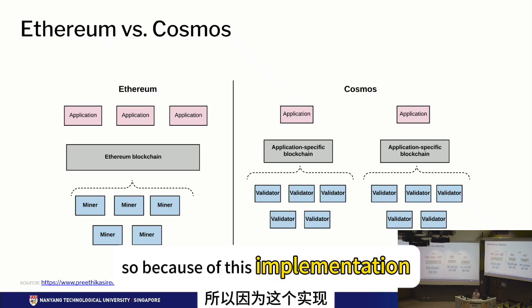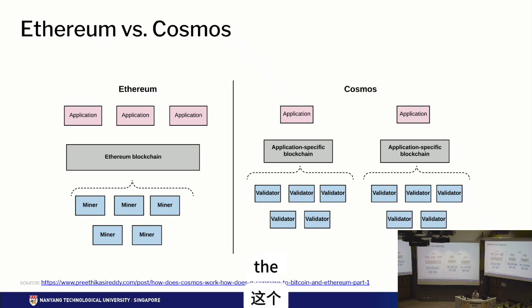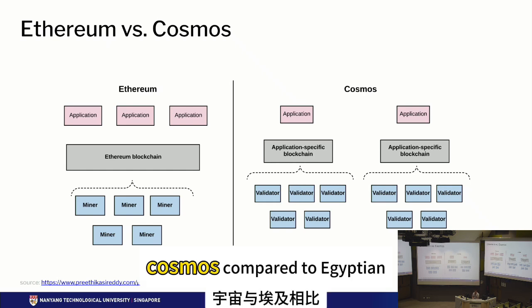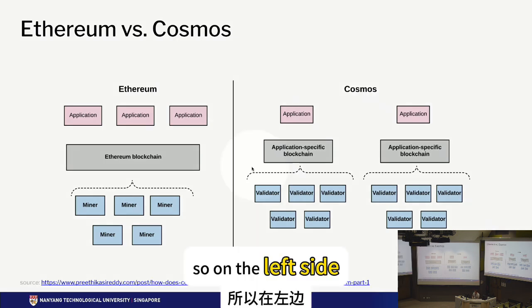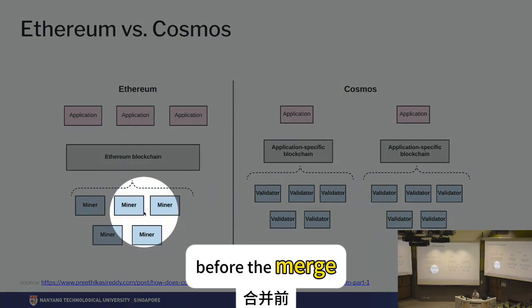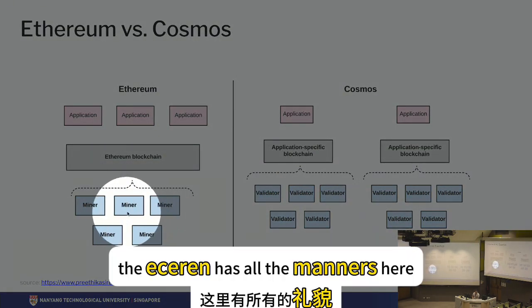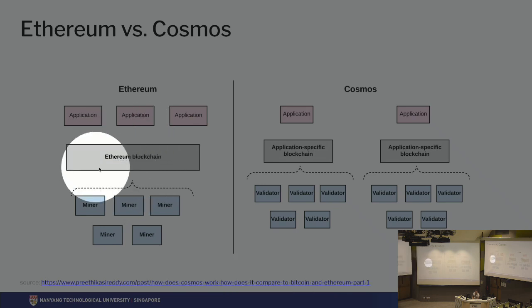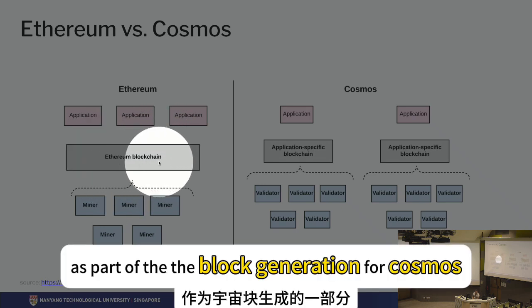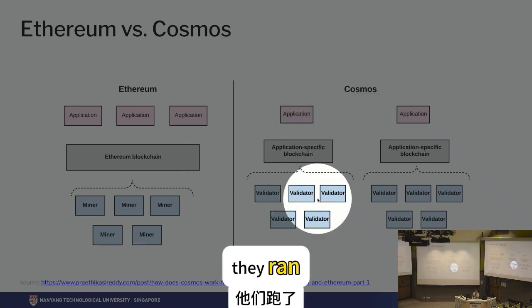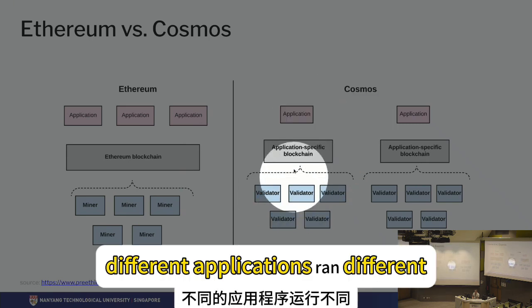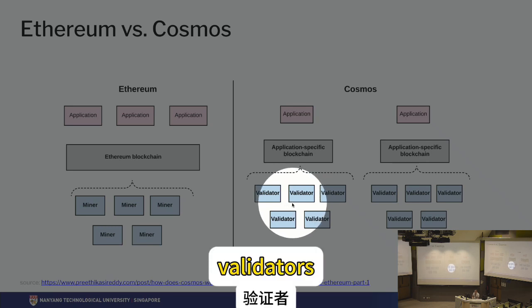So because of this implementation, the Cosmos architecture is quite different compared to Ethereum. On the left side, before the merge, Ethereum has all the miners as part of the block generation. For Cosmos, they run different applications and different validators.